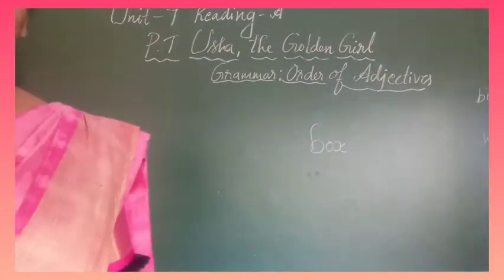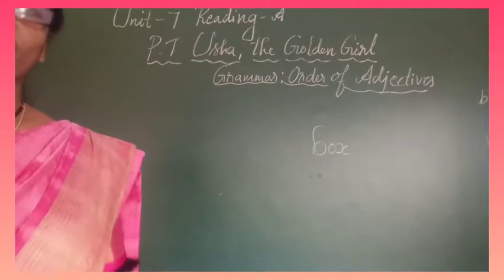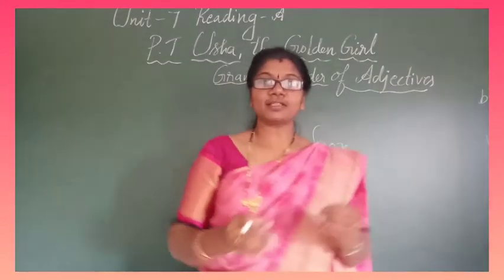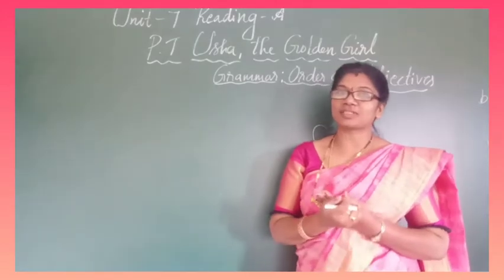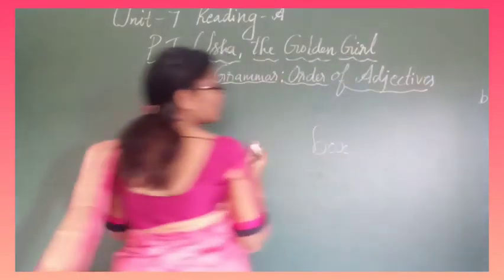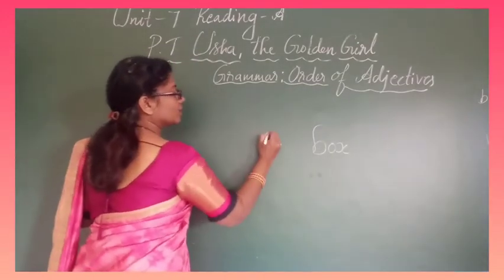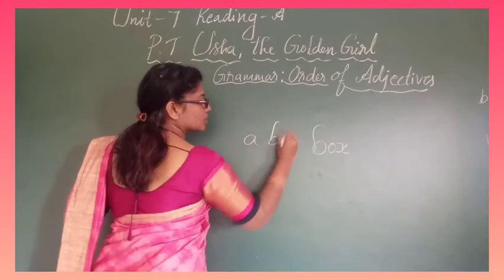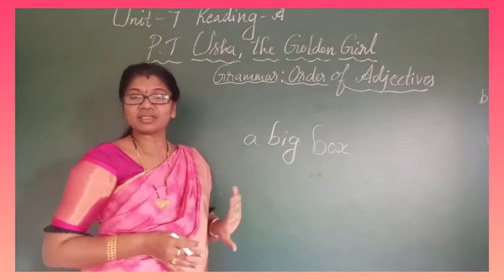I think it's somewhat very bright today. I have written box on the board. If you want to describe the box with two or more adjectives, you can say a small box, or a big box. It's a big box. Now big is an adjective, box is a noun that you know.